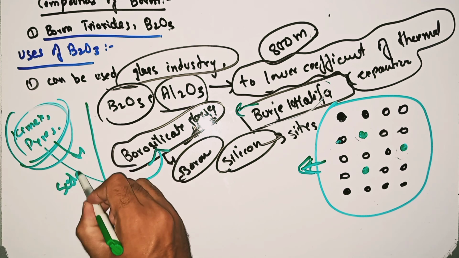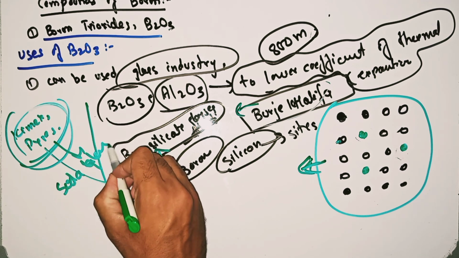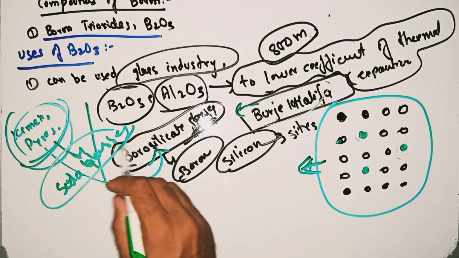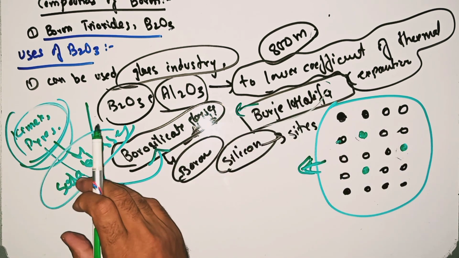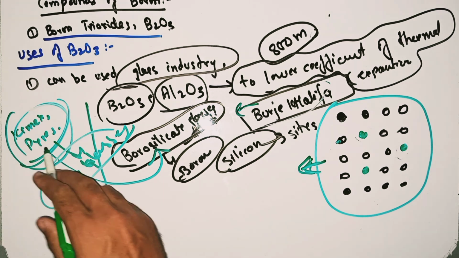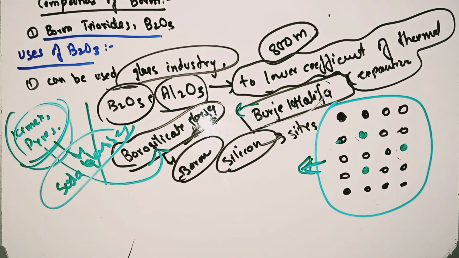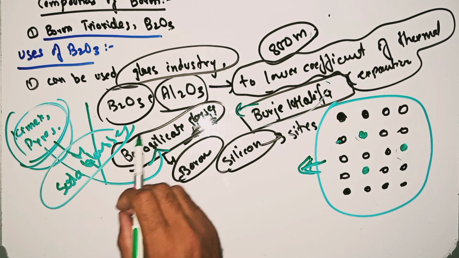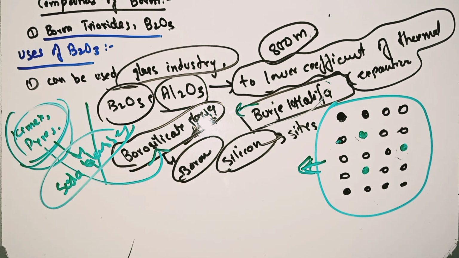It is ordinary glass. The coefficient of thermal expansion of normal glasses is about 3 times greater than that of Chemex or Pyrex glasses, which are borosilicate glasses, because borosilicate glasses do not expand much when heated.